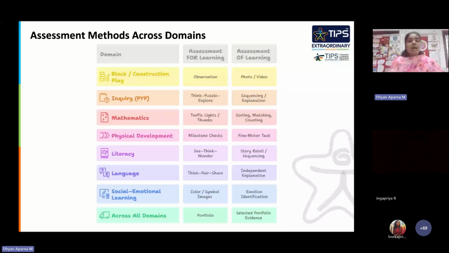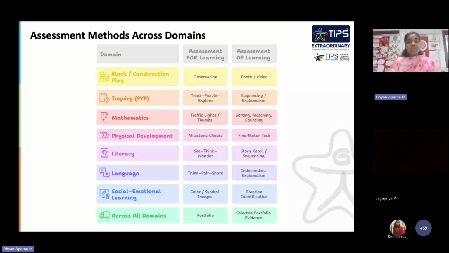And for language, we can use strategies like see, think, wonder, and think, pair, share. These strategies work beautifully when children look at a picture, talk about what they see, and share their ideas. Through this, we can understand how they try to build vocabulary, how they try to share their thoughts, and how they make meaning.